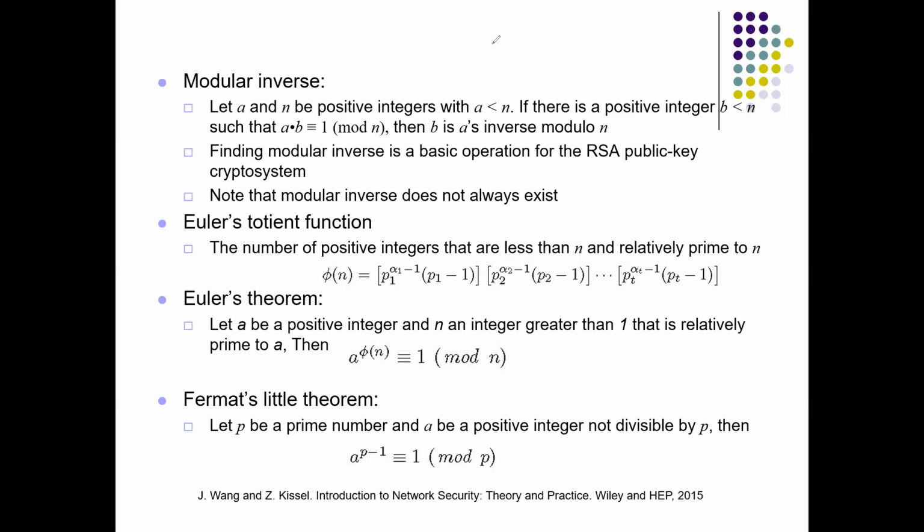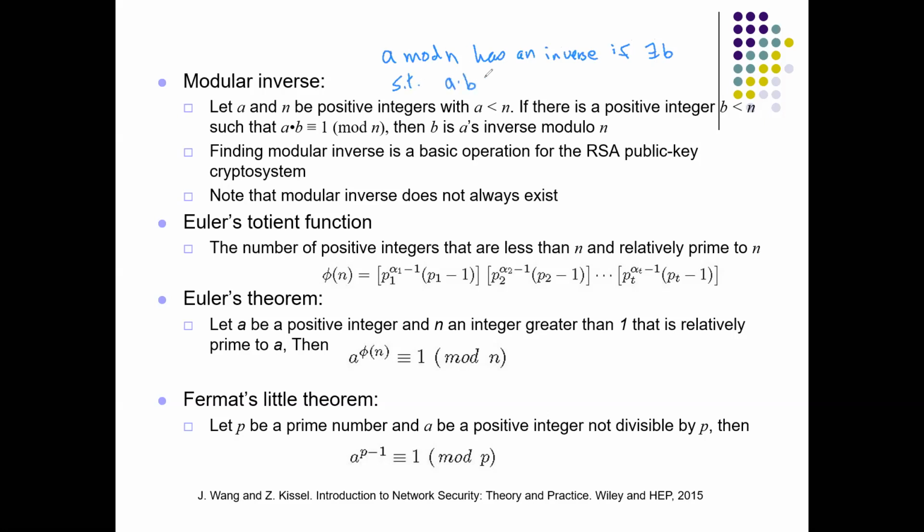Okay, so inverse really means that if, let's say, A, I want to know whether A mod n has an inverse. It has an inverse if there exists B such that A times B is congruent to 1 mod n, which means that A times B minus 1 mod n is 0.